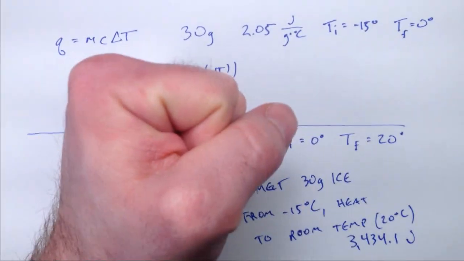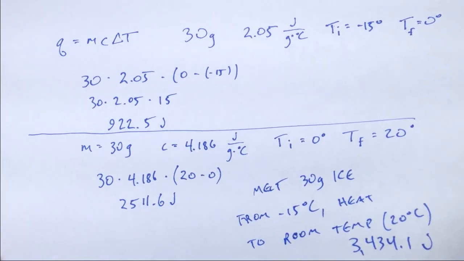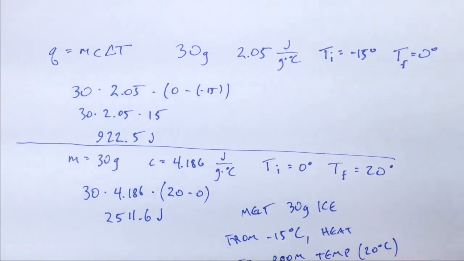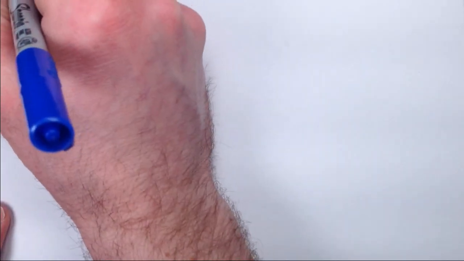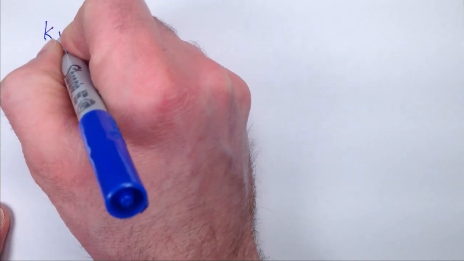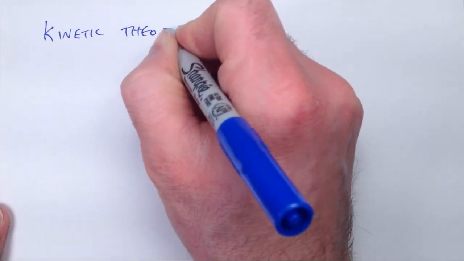But you'd be wrong. No, there is something else at play here, and that number is actually not sufficient. So let's see what we're missing here. According to what's called the kinetic theory of matter.